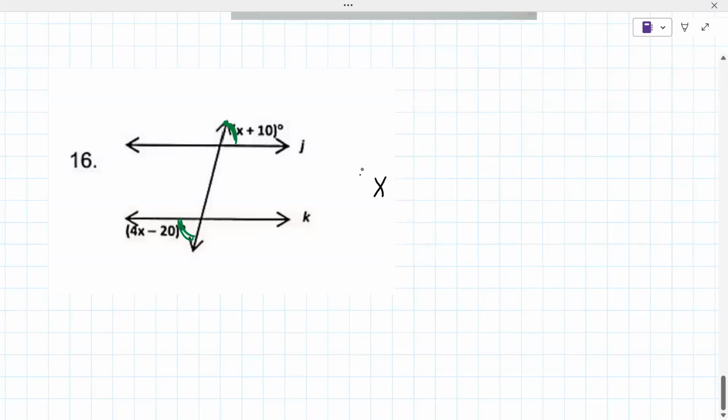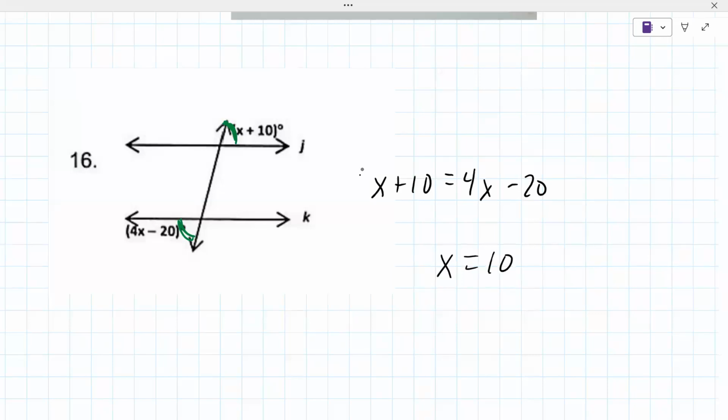Okay, so set the equations equal: x plus 10 equals 4x minus 20. Go ahead and solve for x, please. X equals 10.